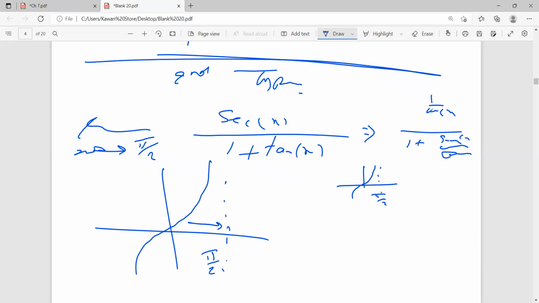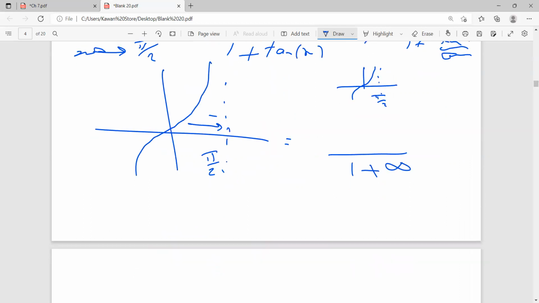From the left side, for example, I'll get infinity. So here we have 1 plus infinity. Understood? And also I have secant. Here's the second graph. Here's pi over 2, here's 1. When I'm going to pi over 2, again I'll get infinity. That's the first method, using the graph.